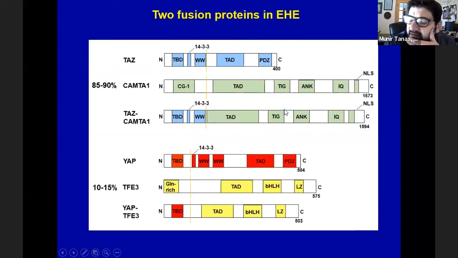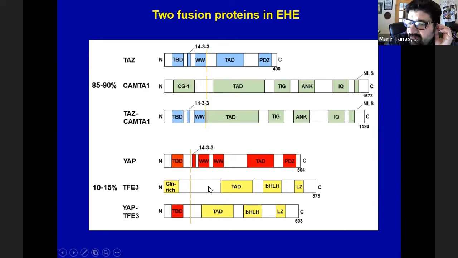Similar work has been done with the YAP-TFE3 fusion protein, which constitutes the remaining 10 to 15% of EHE that don't harbor the TAZ-CAMTA1 fusion protein. The fusion proteins are highly homologous and basically contain the N-terminus of TAZ or YAP fused in frame to another transcription factor, either CAMTA1 or TFE3.